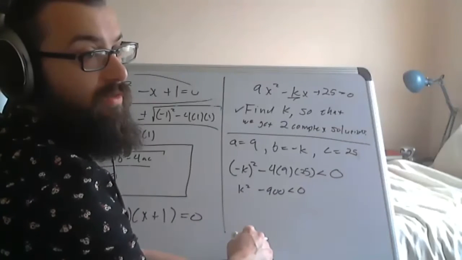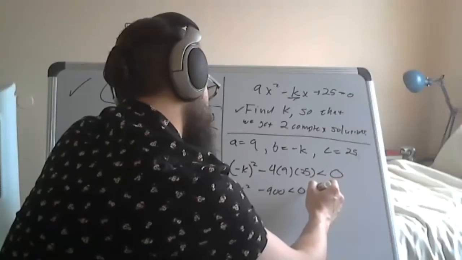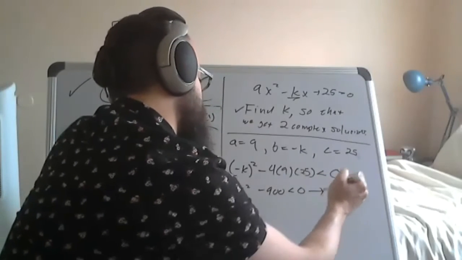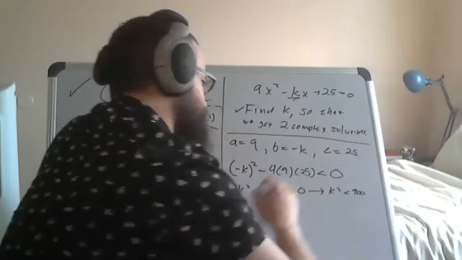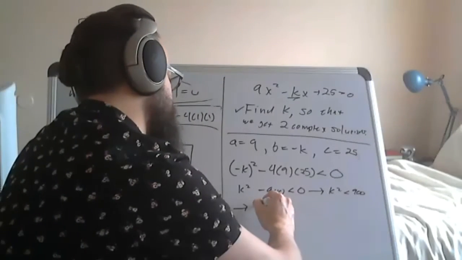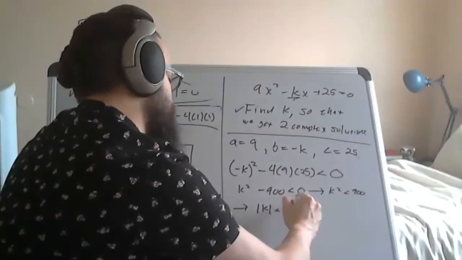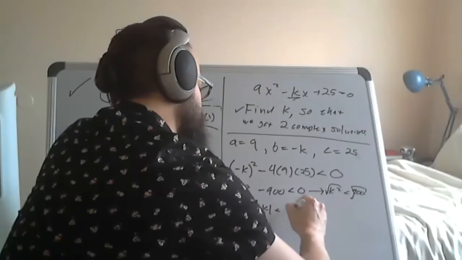Now from here, I'm going to add over the 900. Square root both sides, and we end up with the absolute value of k is less than 30.